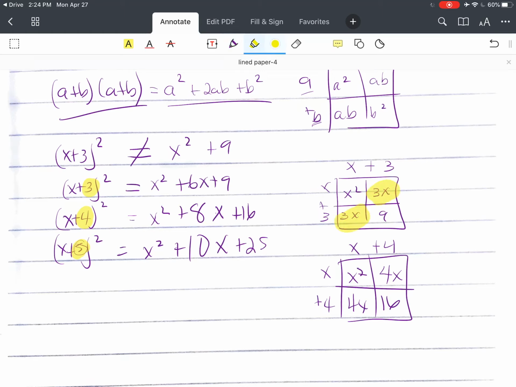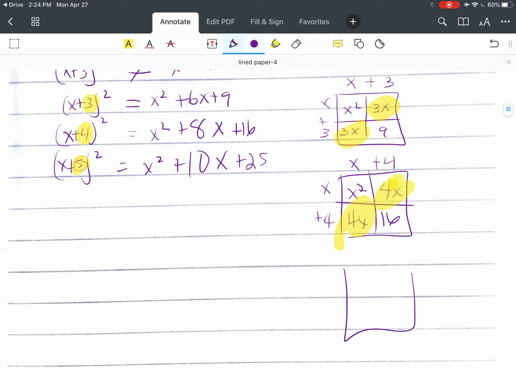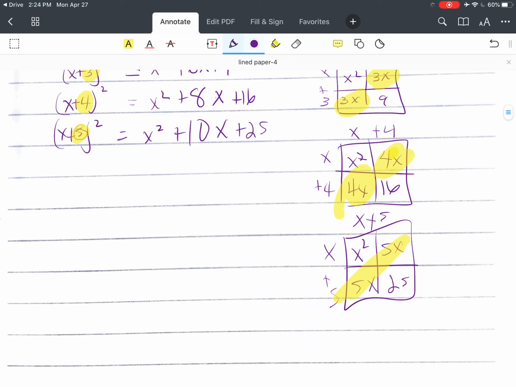We end up doubling it because you have 2 copies of those. Just like right here, you have a 3x and a 3x. That's just doubling it, a 4x and a 4x. And if we were to do it with the 5s, it'd be x plus 5, x plus 5. I didn't do the boxes, my bad. X squared, 25. This would be 5 times x, which is 5x, 5x.